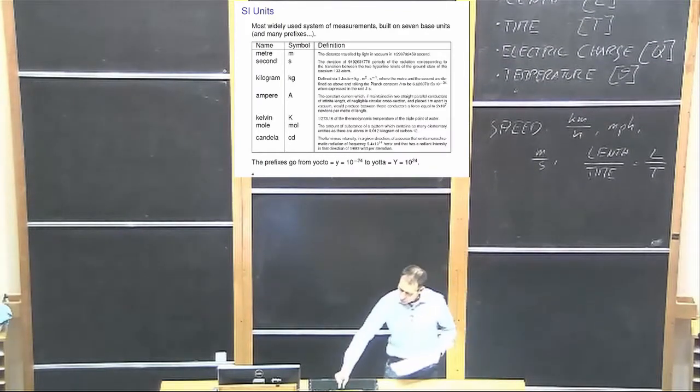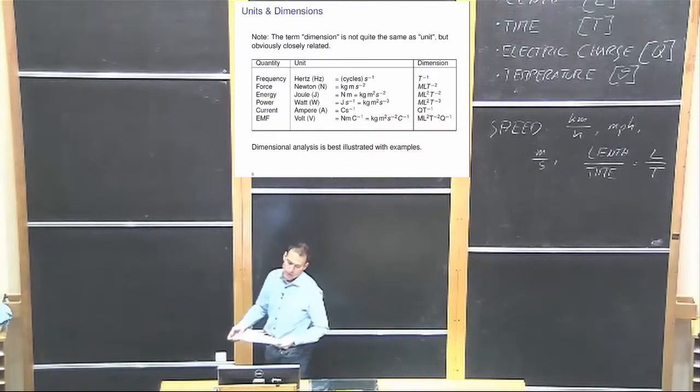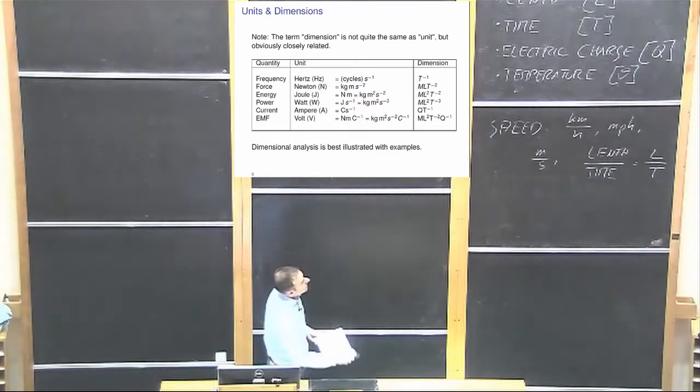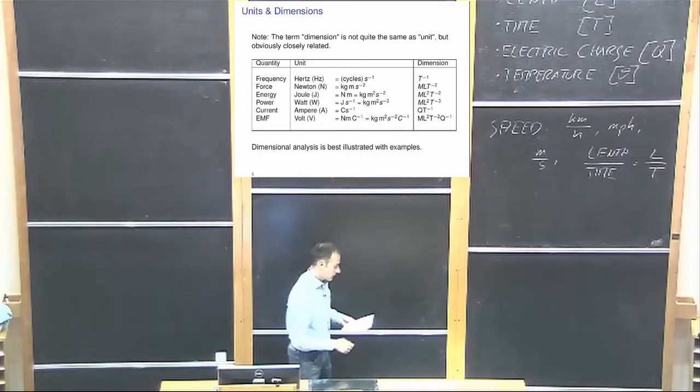This slide I have here shows a couple of examples of units and dimensions. Unit is hertz, 1 per second, so here we're in the SI units. This is the derived units, expression in the SI units, and then the dimensions as introduced before.